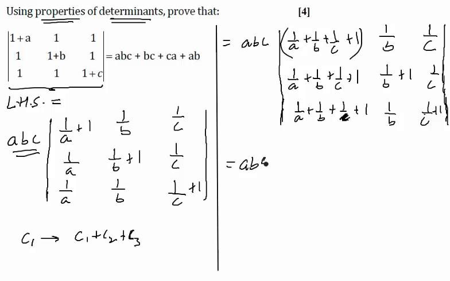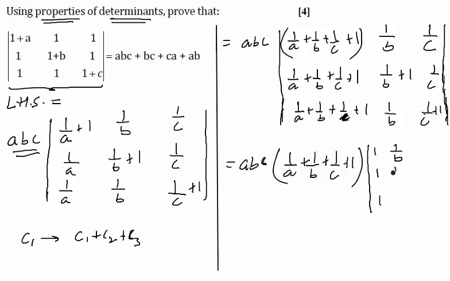First of all, what I take common is 1 upon A plus 1 upon B plus 1 upon C plus 1, and then there is this determinant which has 1, 1, 1 in the first column, 1 upon B plus 1, and 1 upon B in the second column, 1 upon C, and 1 upon C plus 1 in the third column, right? This is a much better determinant to solve.